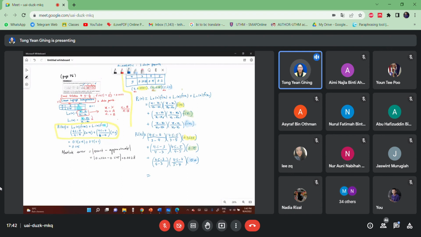If you want to put it in a calculator, for example, let x, and then x0 is a, x1 is b, x2 is c. Doesn't matter if you don't want to. The L values you can calculate even mentally. 4.5 minus 4 means 0.5 over negative 1.